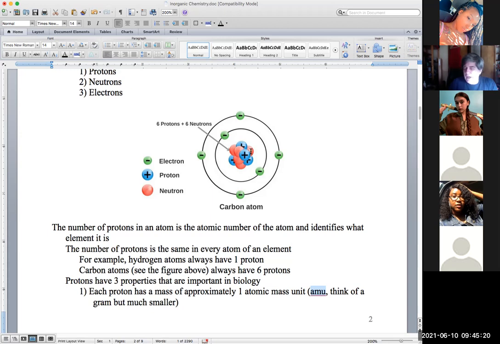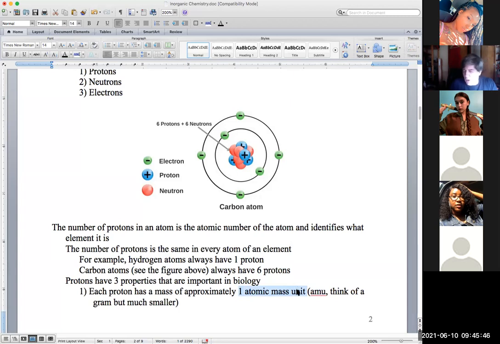Now let's think about our neutrons, these kind of reddish, pinkish balls. In some ways, neutrons are very similar to protons. Neutrons are also found in the middle of the atom, in the nucleus. The protons and neutrons are kind of smushed together in the nucleus. Neutrons also have a mass of 1 atomic mass unit.